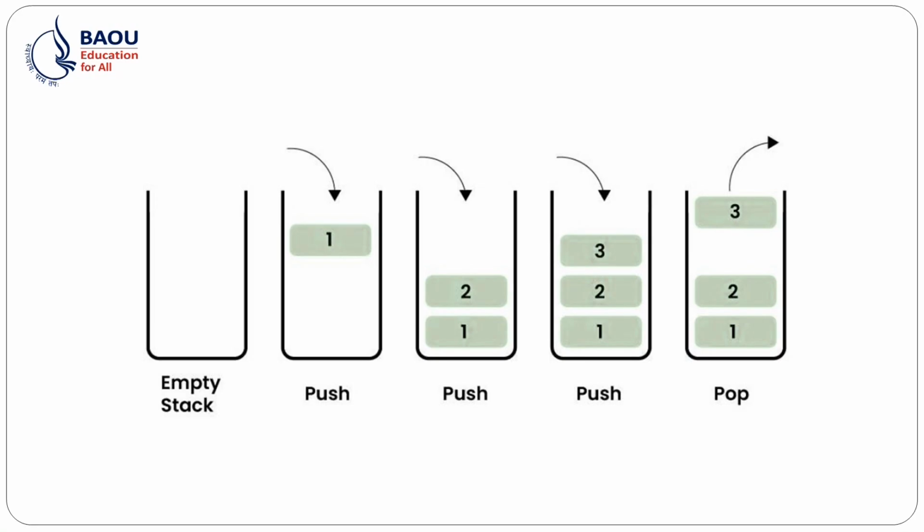Now the stack has 3, 2 and 1. When we perform pop operation, it will remove the top element which is 3. After the pop operation, the stack will be 2 and 1. Right, so this example demonstrates the LIFO last in first out example which works on the principle that the last element inserted, 3, is the first one to be removed.